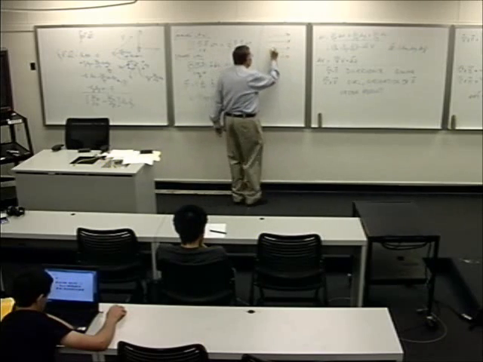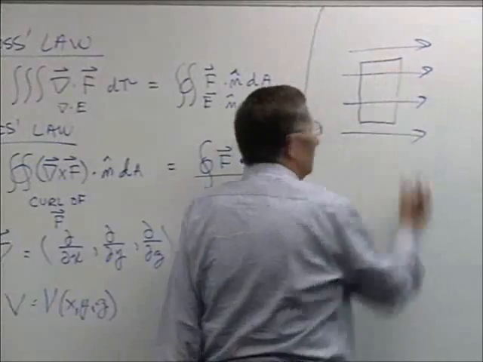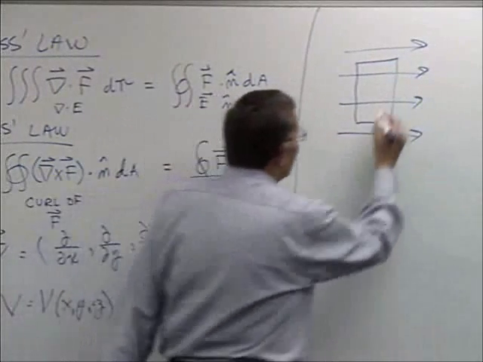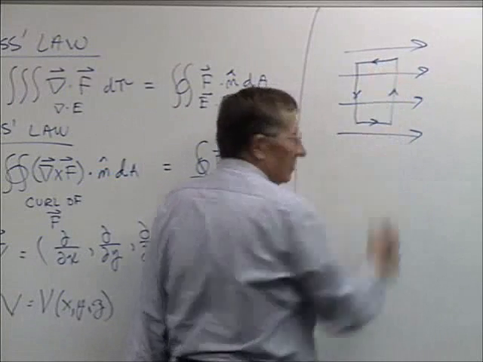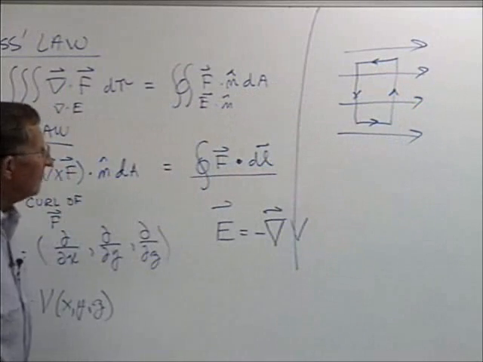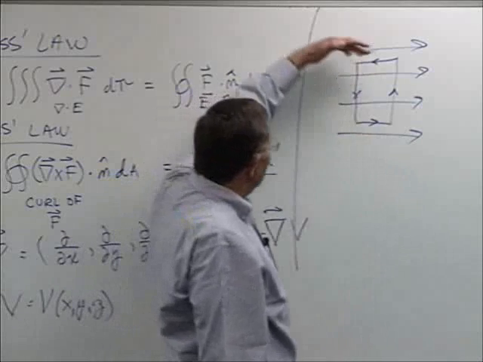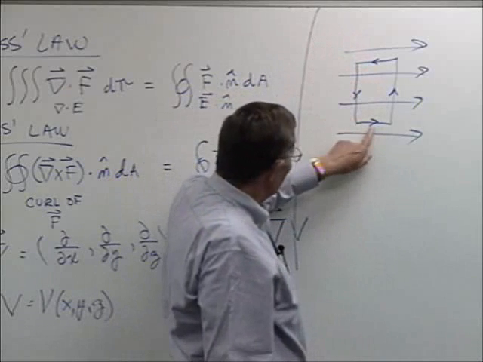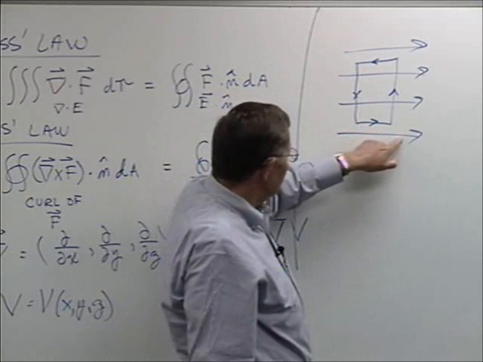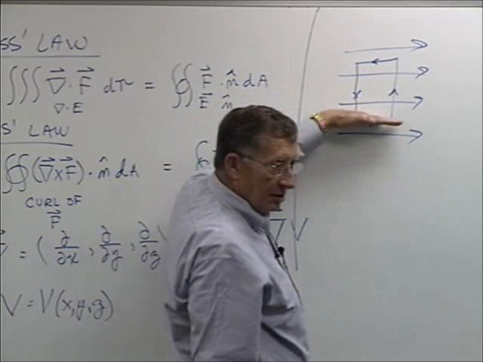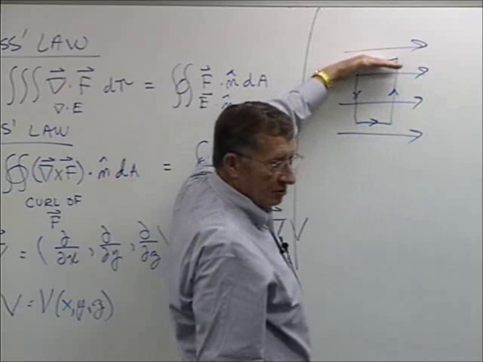If I take a path and integrate around that path, the integral from the bottom side of whatever this field is, take that component and add it up along the bottom, it's going to cancel the one along the top.